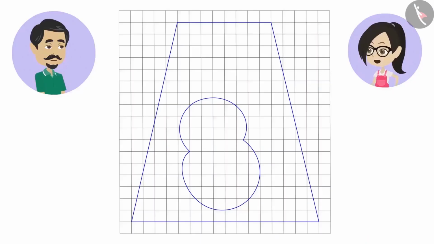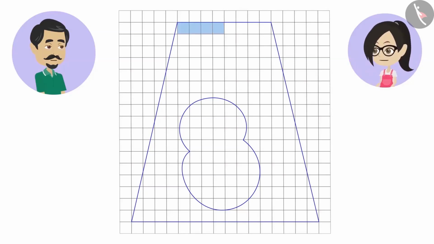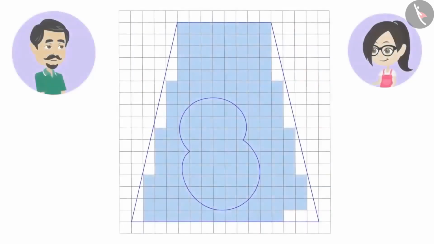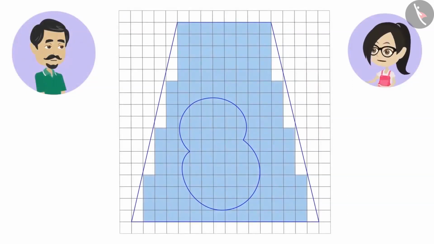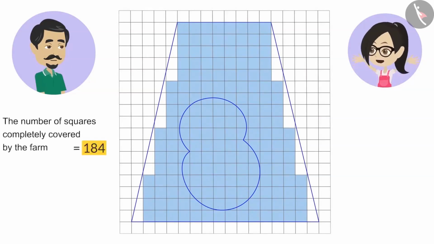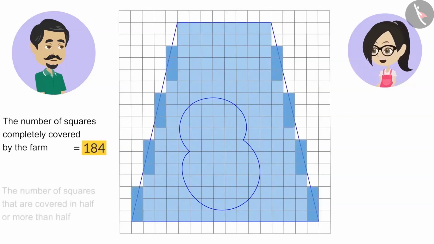Take a look. This farm is covering some squares completely. First, count them. 1, 2, 3, 4, ... 183, 184. The number of squares completely covered by the farm is equal to 184. Now we will count the squares that are covered in half or more than half.